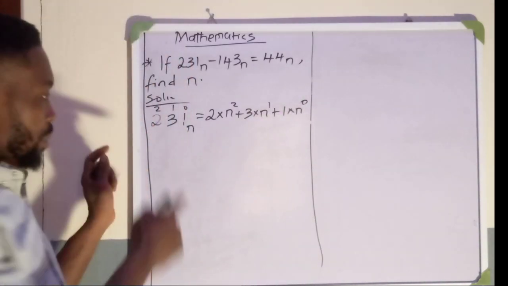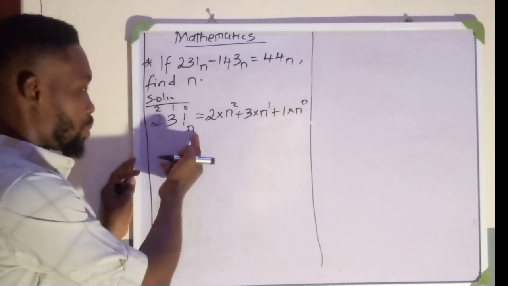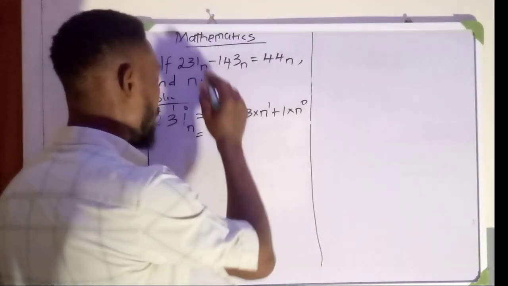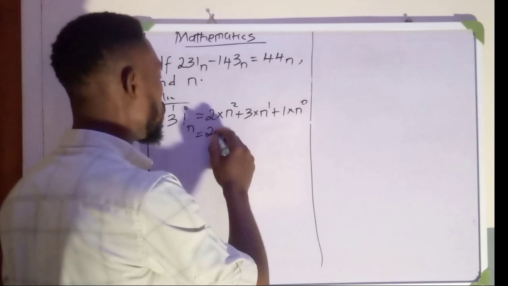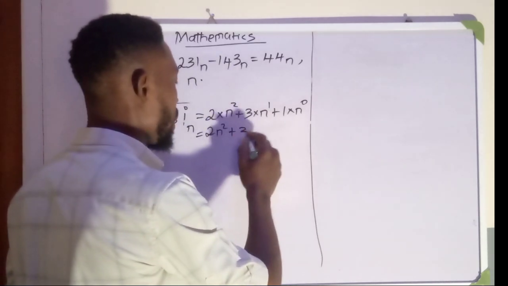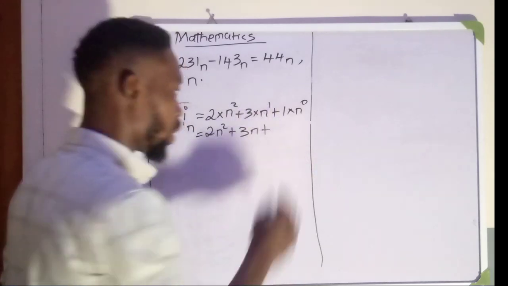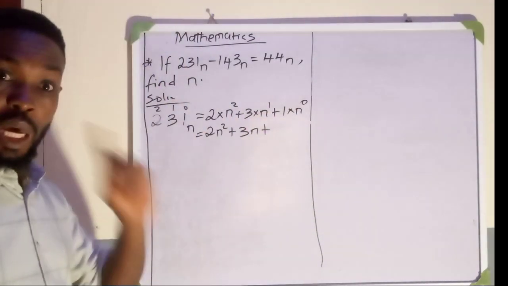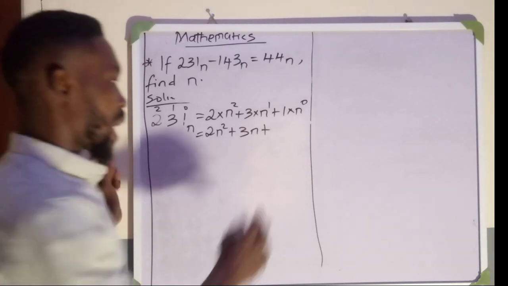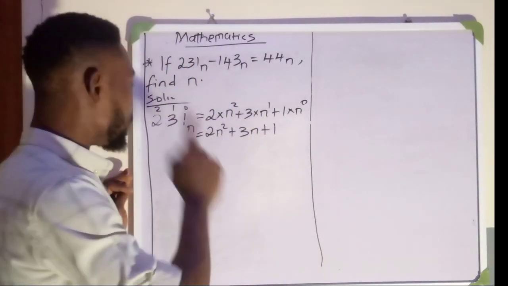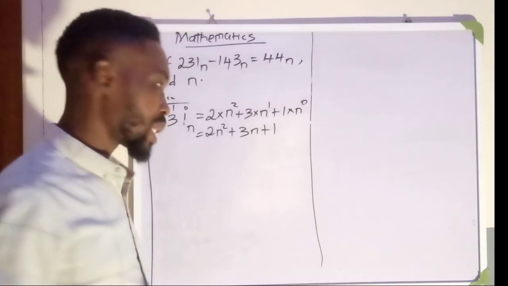Of course, you know what I mean by that. This is 2 times the base to the power. When simplified further, we have 2n squared plus 3n plus 1, because any number raised to the power 0 is 1. So n raised to the power 0 is 1, and 1 times 1 gives us 1. This is what we have from 231 in base n.